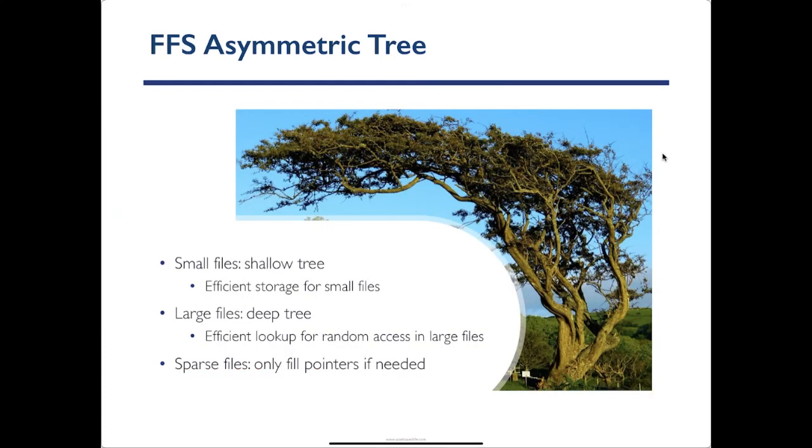Okay. So FFS basically ends up being this asymmetric tree, as we saw. The small files will be a shallow tree, just one level of indirection. Medium-sized ones would use maybe 2 levels, and then extremely large files would use 3 levels of indirection.